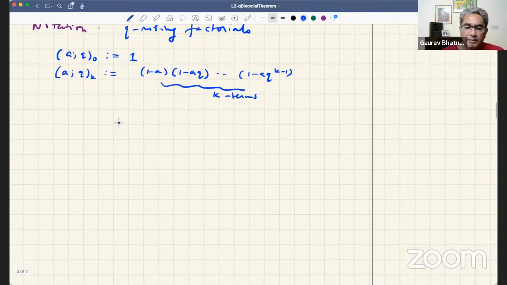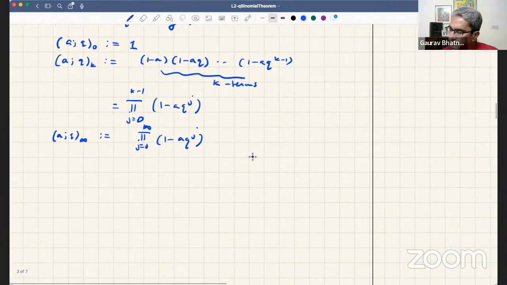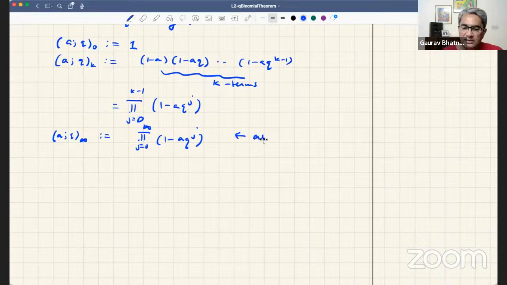We usually just use the product notation and write it like this: the product of 1 minus aq to the j. This is called a q rising factorial, and we also use this notation when k is equal to infinity. You can regard this as a formal power series or as an analytic function.